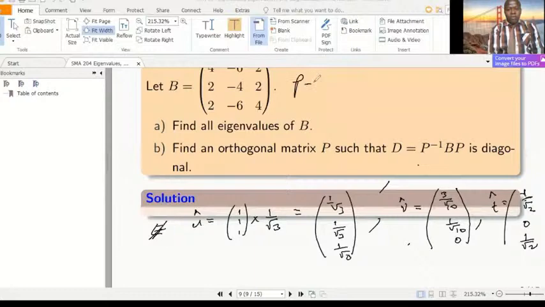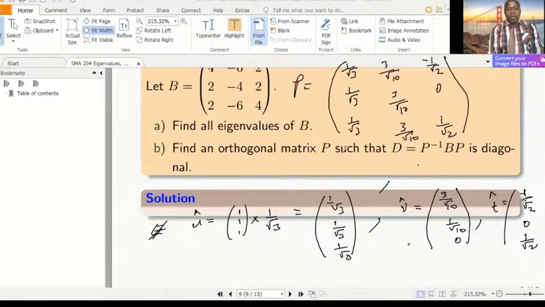So P, therefore, is 1 out of root 3, 1 out of root 3, 1 out of root 3. That's the first column. The second column is 3 out of root 10, 1 out of root 10, 0. And the last one is negative 1 out of root 2, 0, 1 out of root 2. So this is the orthogonal matrix P, which diagonalizes the matrix here.